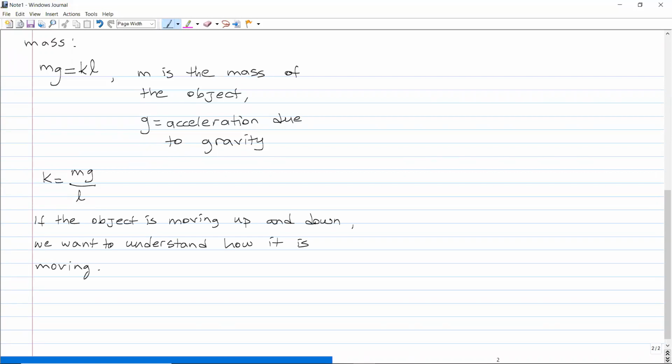So let u(t) be the position of the object at time t.